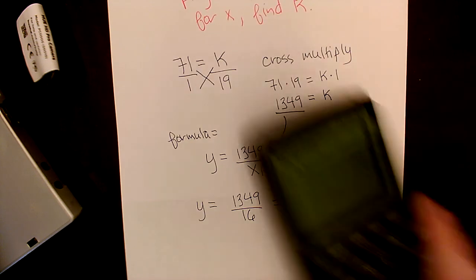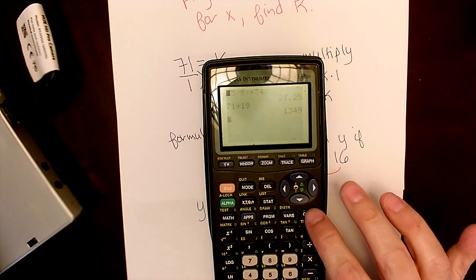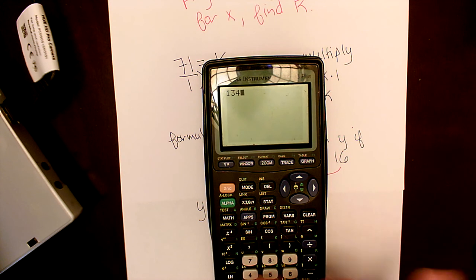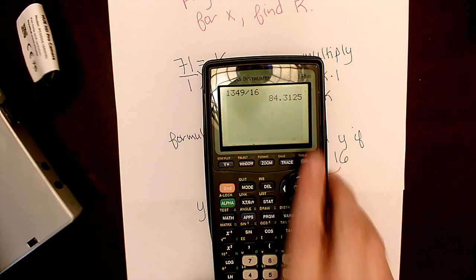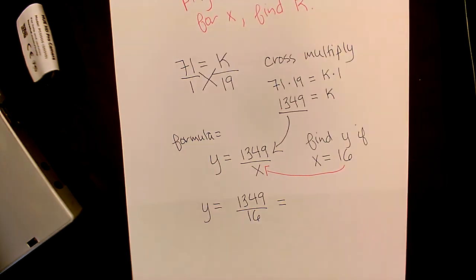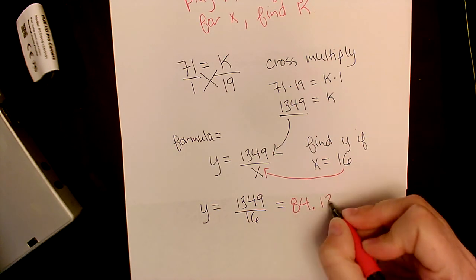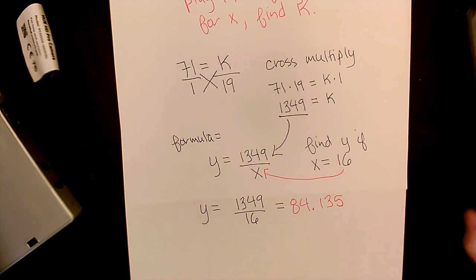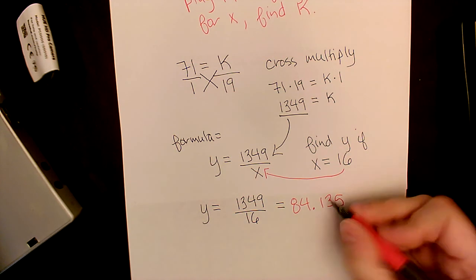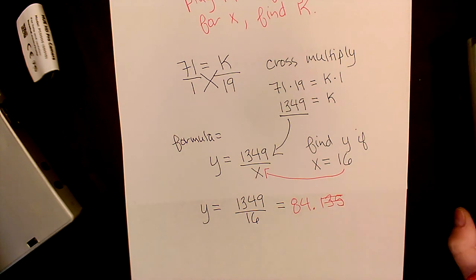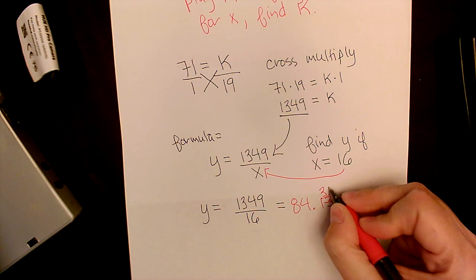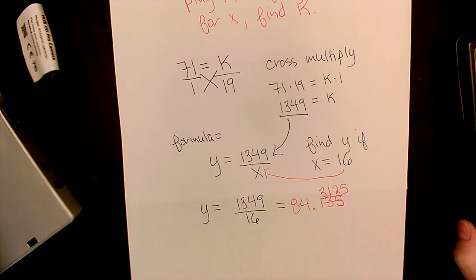Again, I'm coming to my calculator. Let me clear this. 1349 divided by 16, I get 84.3125. Write that down.